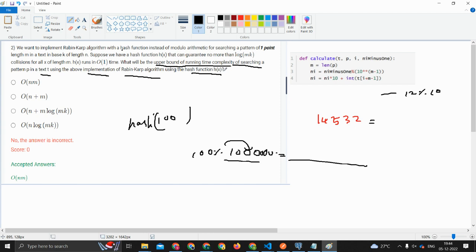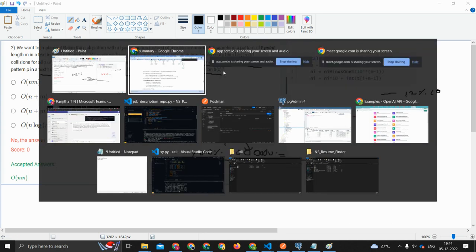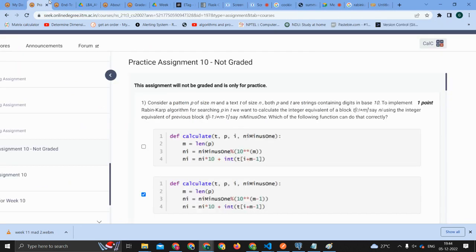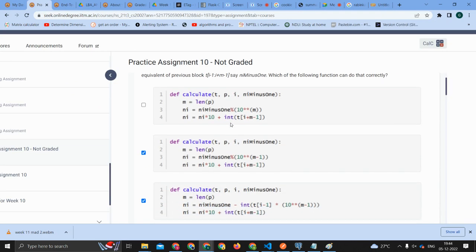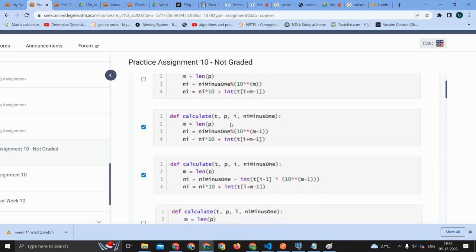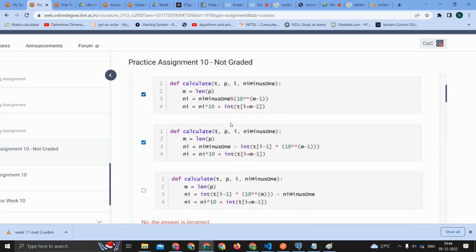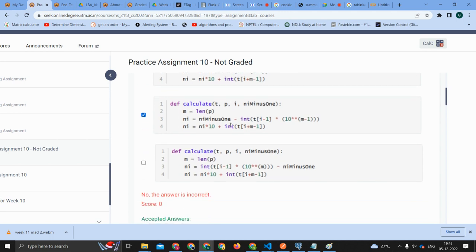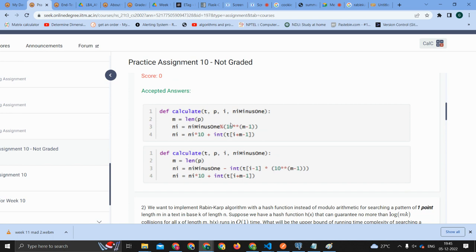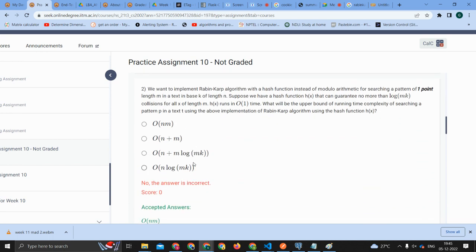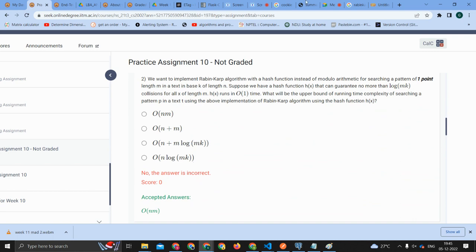So how do we come up with an answer for this? Seems like we are using the previous one. And what is the complexity for this? They're asking us to do the complexity.